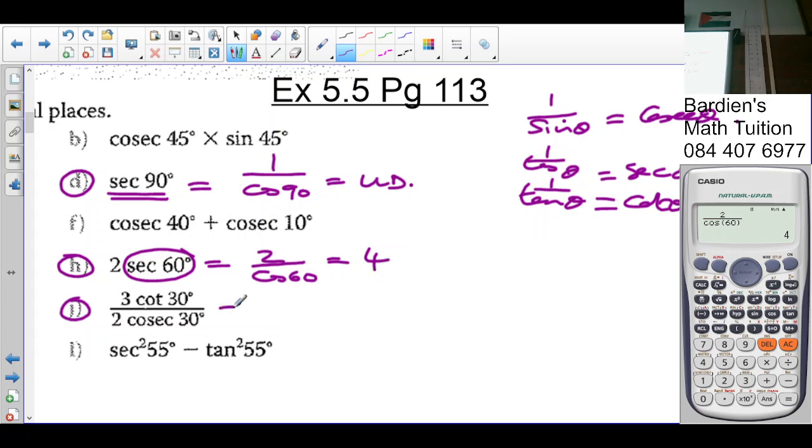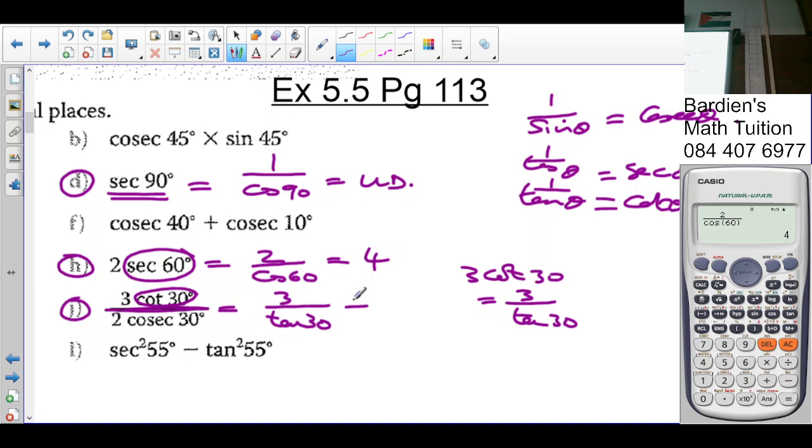You look at the J, again, only that cot goes down. Can you see that? So if you got 3 cot 30, that would be 3 over tan 30. Can you see that? Now this line here means what? Divide. Cosec.